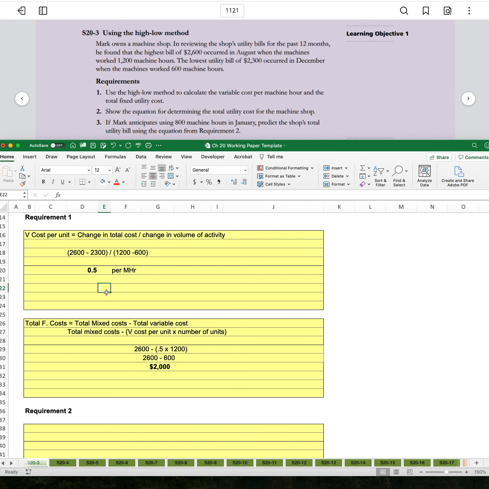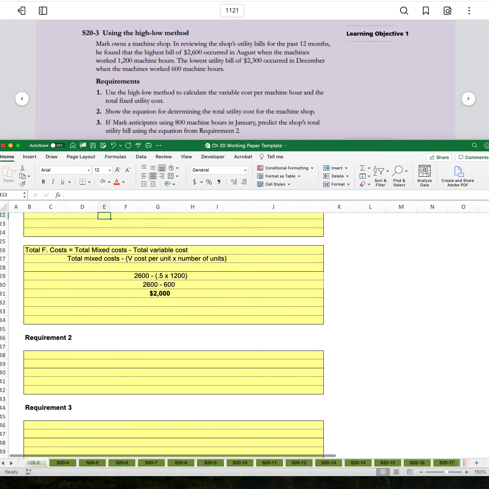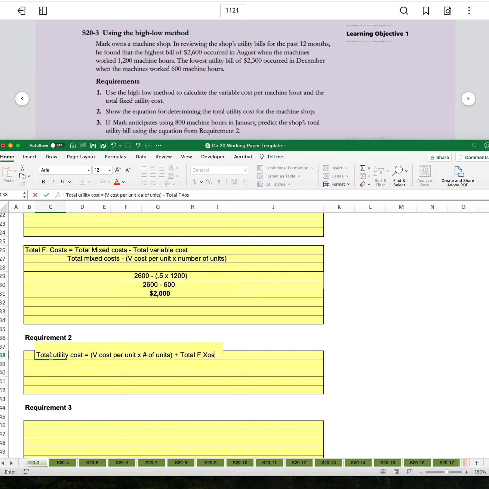And now that we have this information, we can use that to create the equation for determining the total utility cost for the machine shop. And so that would be total utility cost is equal to the variable cost per unit times the number of units plus our total fixed cost.